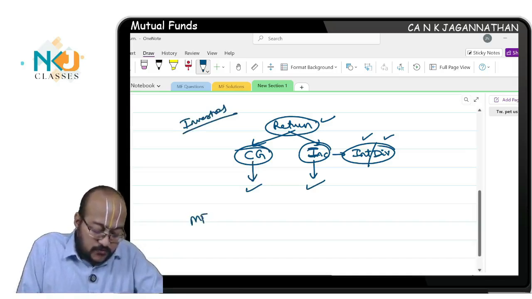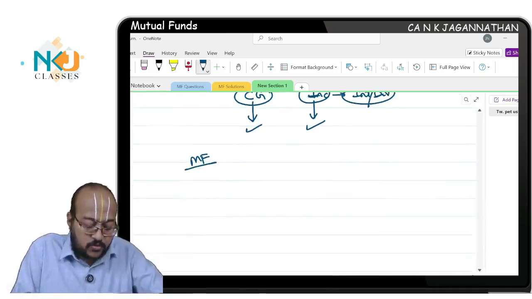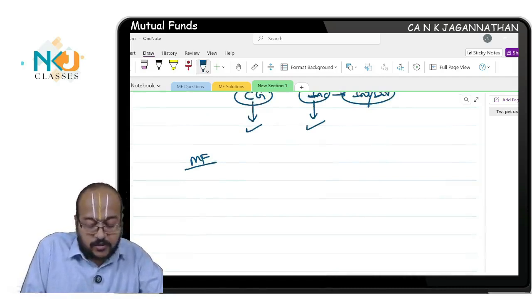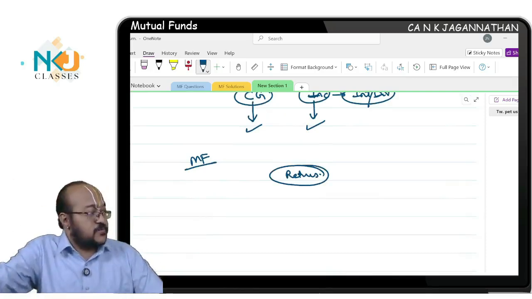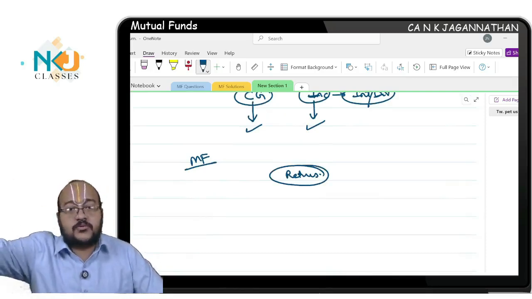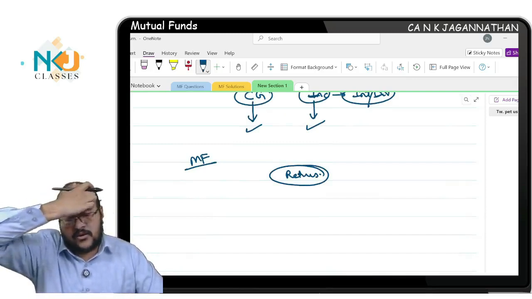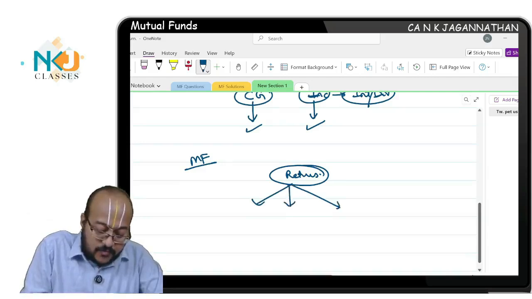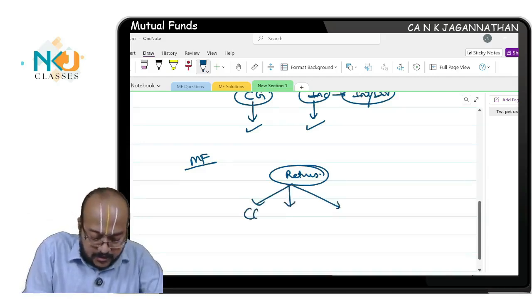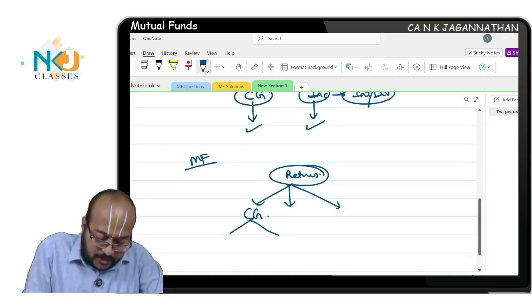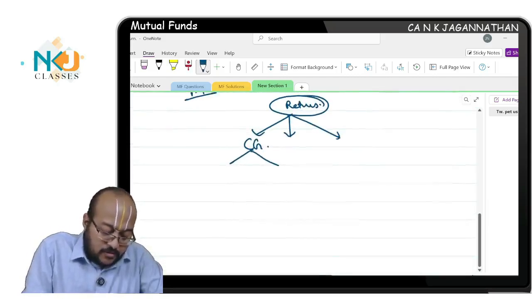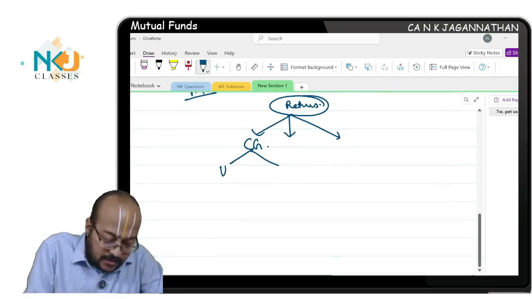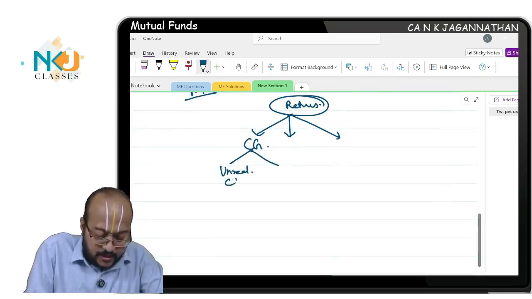Come to the mutual fund perspective. What happens? The mutual fund earns returns from its investment. The mutual fund invests its money in the market or in various securities. It can earn capital gain. The capital gain also, I can call it unrealized capital gain.